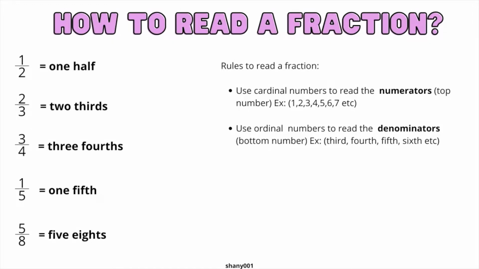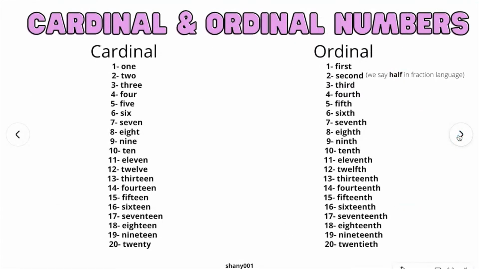Example, 3rd, 4th, 5th, 6th, etc. Here is a mini anchor chart for you if you need help in the cardinal numbers from 1 through 20, and the ordinal numbers from 1 through 20.